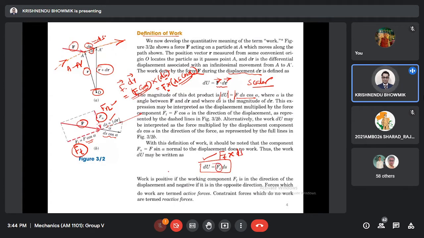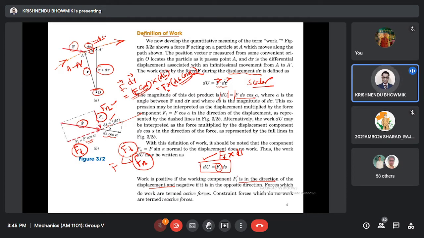Now F has two components vectorially, Ft and Fn. This Ft is doing the work, in the direction of the displacement. If the displacement and F are in the same direction, then the work is positive. But if they are in reverse directions, force applied in one direction but displacement in the reverse direction, then it will be negative.